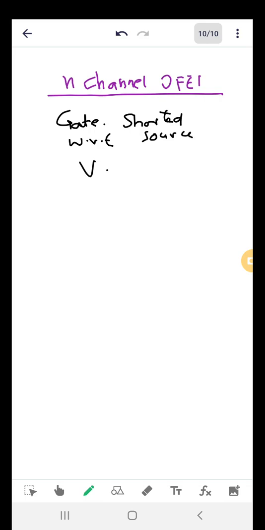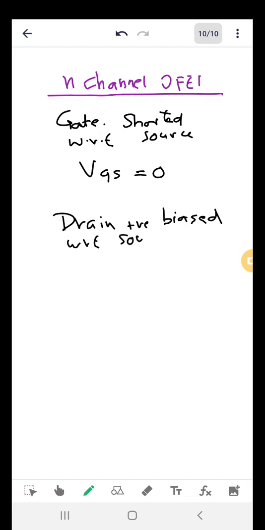So that makes VGS equal to 0, and the drain is positively biased with respect to the source. So that makes VDS greater than 0. And we can find that the N channel near the drain starts narrowing with an increase in VDS.